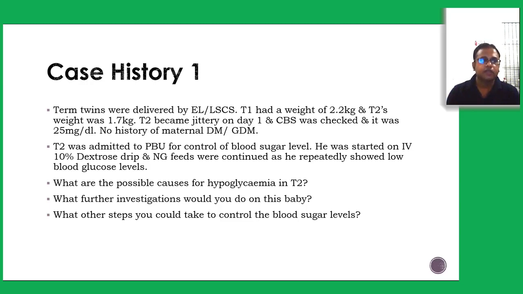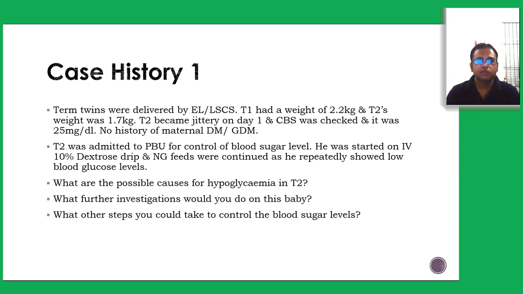So the case is, term twins were delivered by elective section, and T1 had a weight of 2.2 kilograms, and T2's weight was 1.7. So this T2 is a smaller baby, and T2 became jittery on day 1, and when the blood sugar was checked, it was very low, that is 25 milligrams per deciliter.